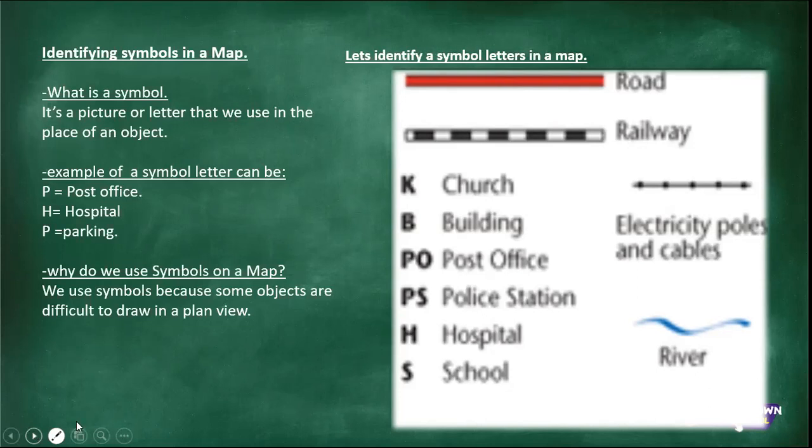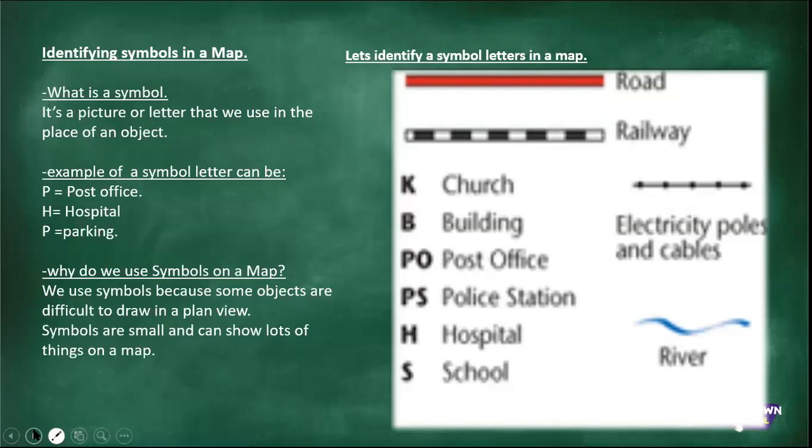So symbols help us to draw objects that are difficult to draw in a plan view, like houses, like dams.